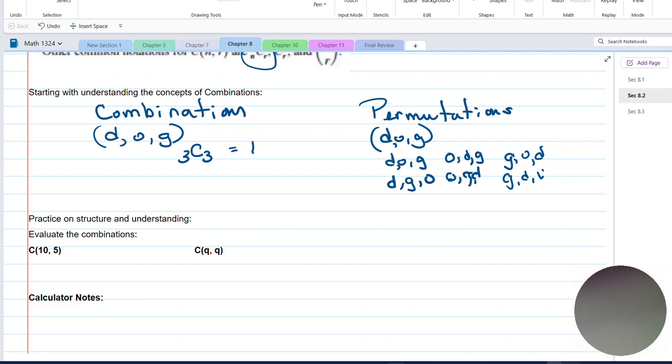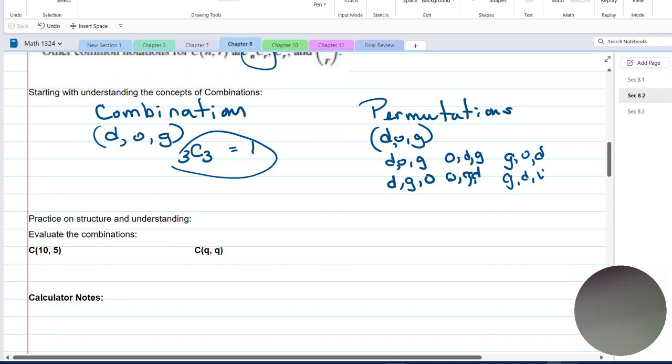So let me look at that. So you can see the difference where if I have a combination, I would only have the one, because it wouldn't matter how dog appears.